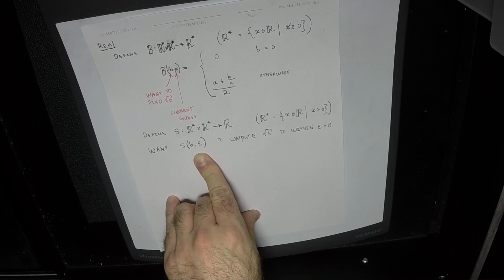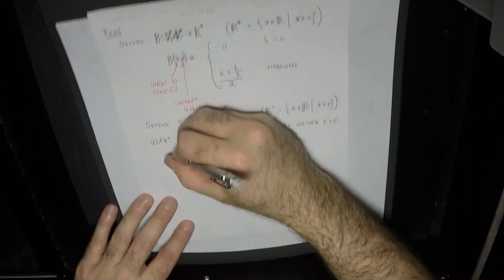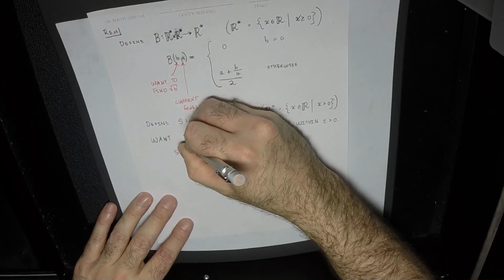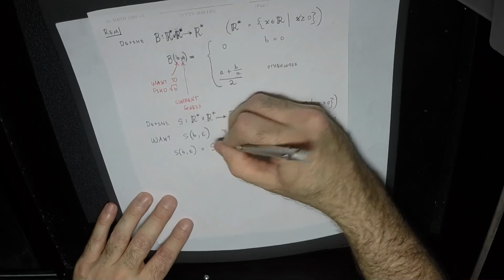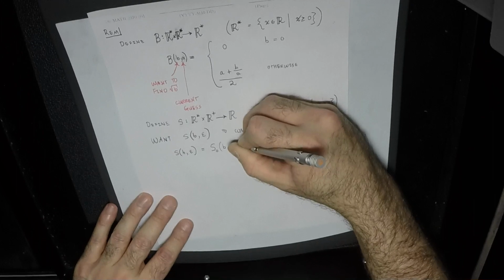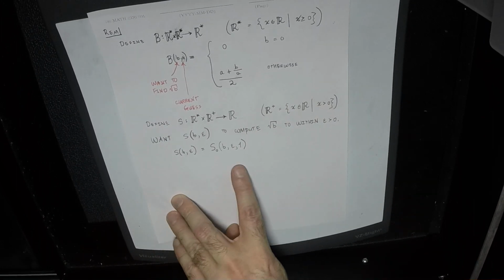Right? So we'll define S of b and epsilon to be just S0 of b epsilon, and just to make things easy at first, we'll write 1.